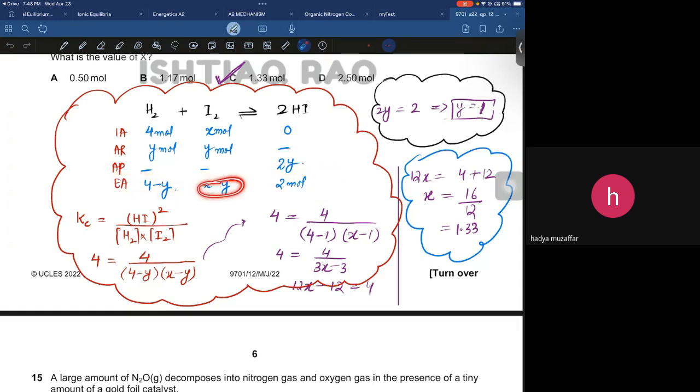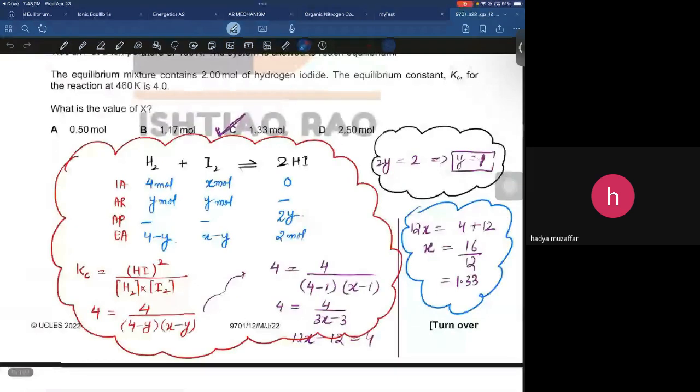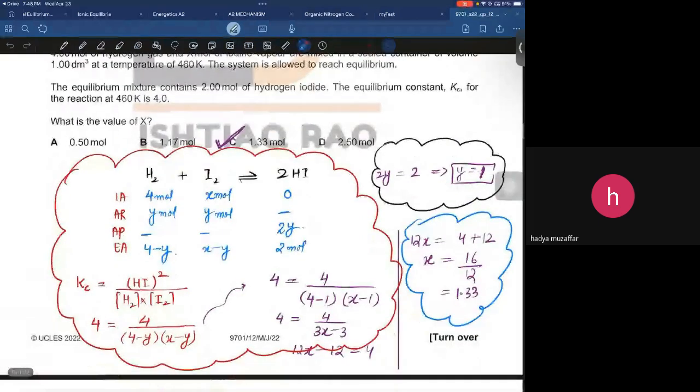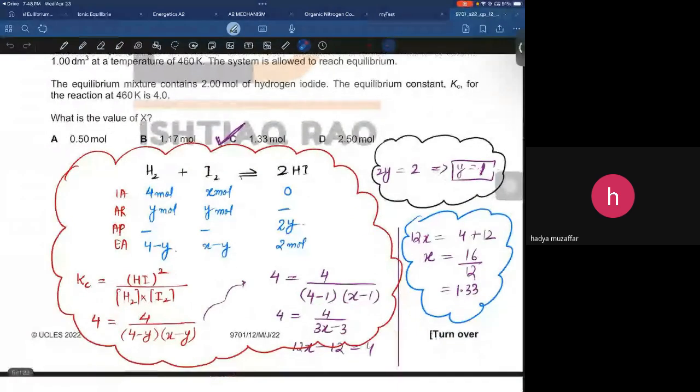So this is X minus Y and this is 4 minus Y. After solving this equation, I would find out Y, and then I would find out the value for X. So you can see that X is equal to 1.33. That is your correct option, so you can match with your solution. It is very easy, nothing much in it: you just have to solve the equation and then find out the value for X, that's it.